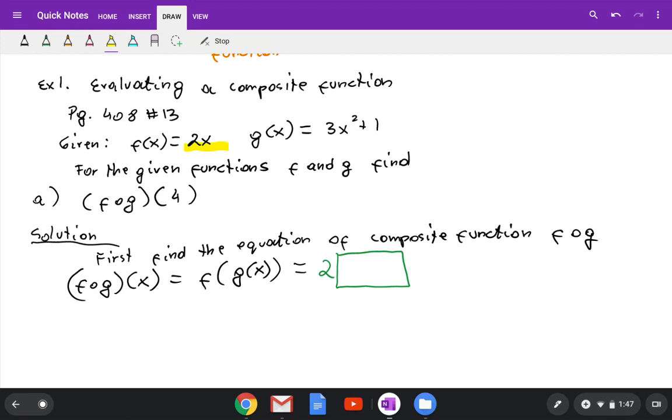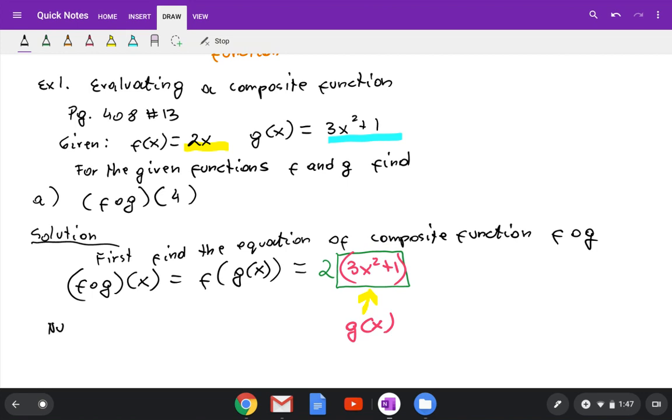So where we used to have an x, we're going to plug in the equation of function g of x. So the equation of function g of x is 3x squared plus 1. So we replace x of function f with the equation of function g, because function g is inside.